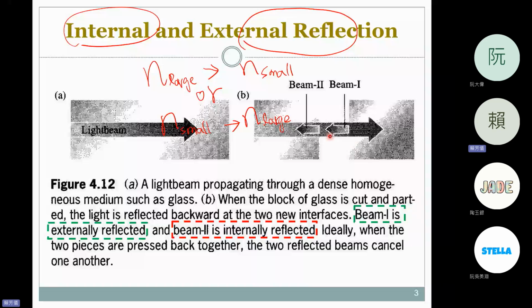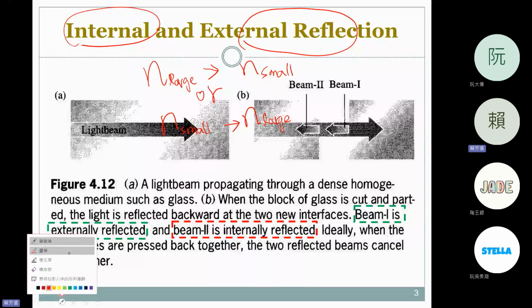But for beam one, this one, you can see that the light is from the air incident into the glass. So reflection happens, and this kind of reflection of beam one we call externally reflected.